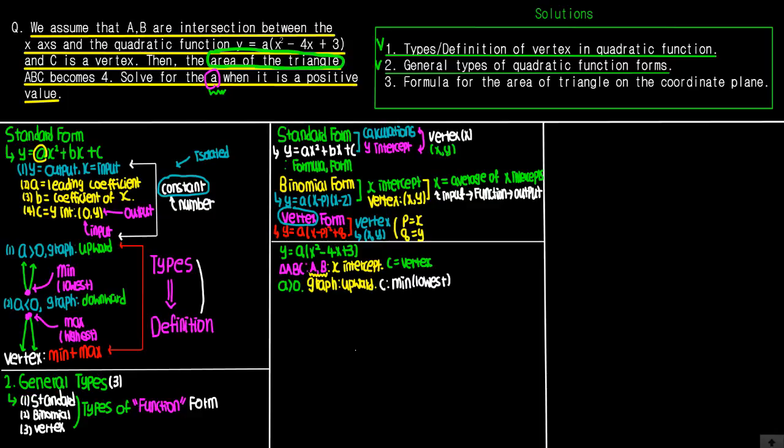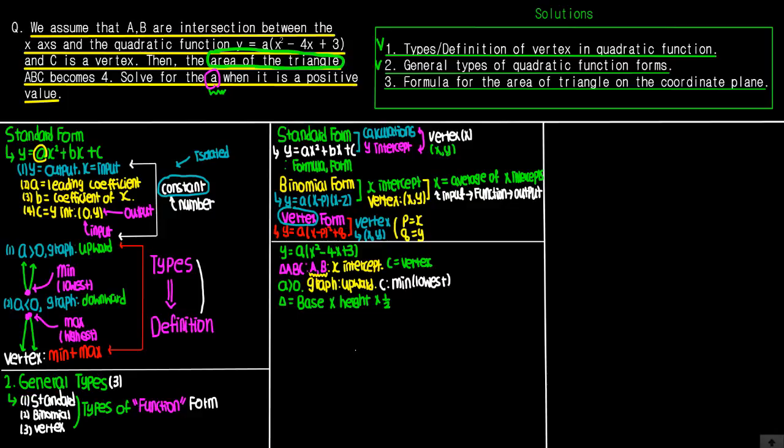From here, we can think about the last solution to solve this question: the formula for the area of a triangle on the coordinate plane. The area of a triangle, or the area of a triangle on the coordinate plane, is exactly the same. The triangle area is going to be base times height times 1/2, or divided by 2.